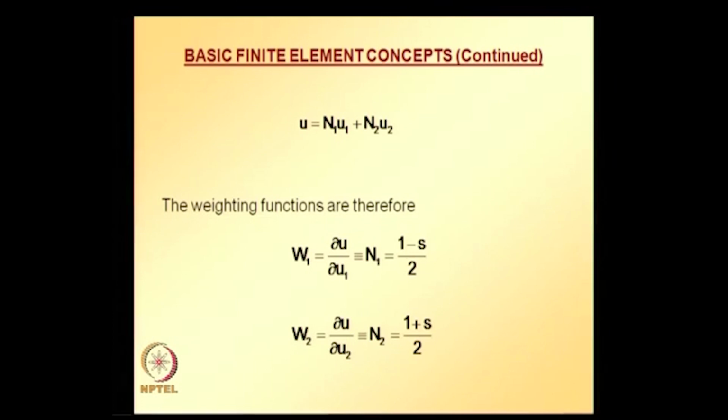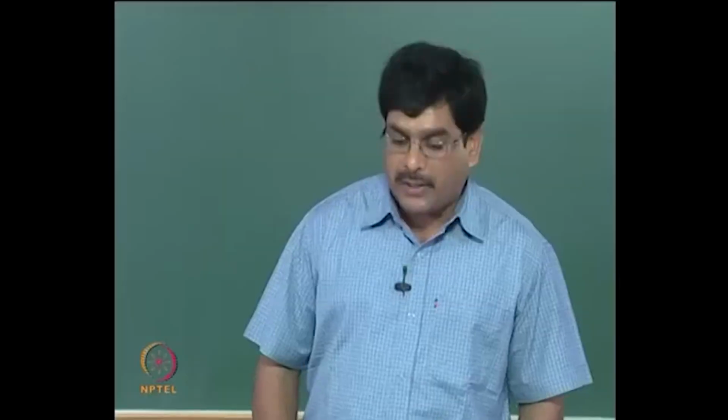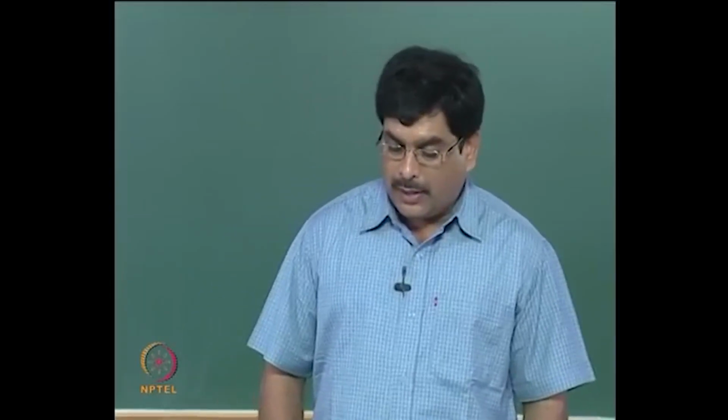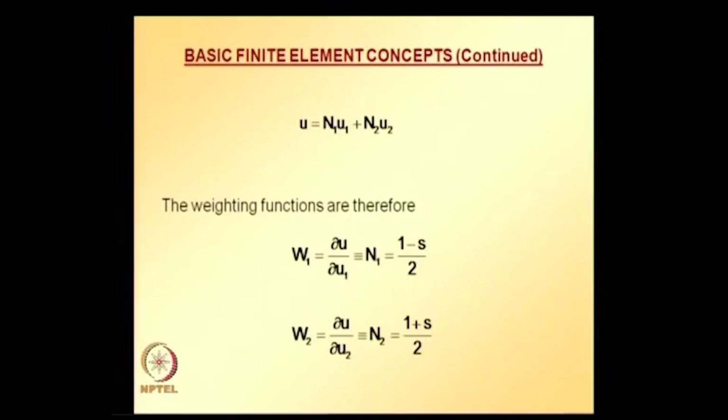In the beginning of the last lecture I mentioned that the weight function in Galerkin based finite element method is the same as the shape function, because the weight function for Galerkin based methods is defined as the partial derivative of u with respect to the unknown coefficient. So it is the partial derivative of u with respect to a1 earlier.